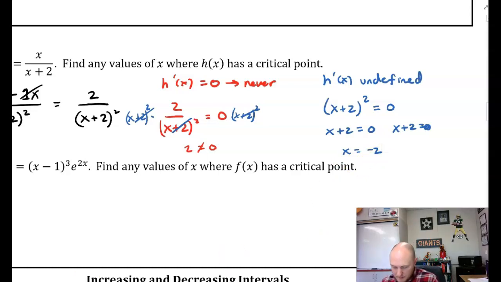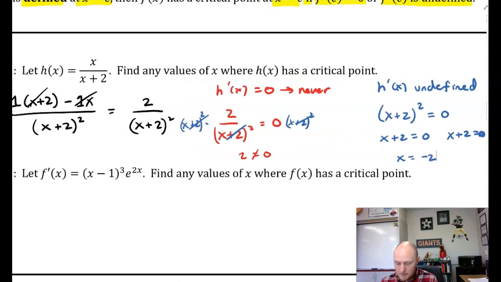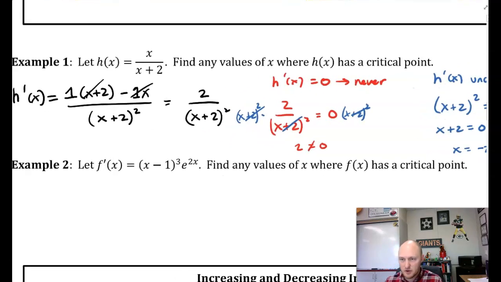However, remember that a critical value must be defined. A critical value must be defined. So I'm going to say here, x equals c must be defined. So this one is really kind of a nuance. Notice that in my function x cannot equal -2 because it is a vertical asymptote.